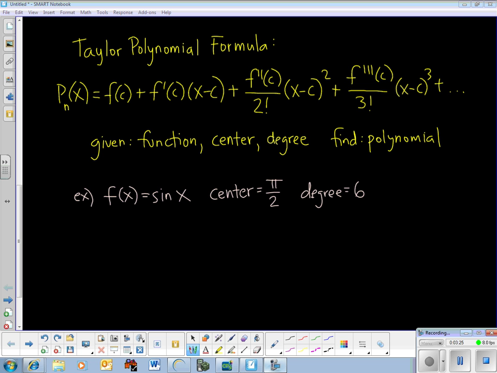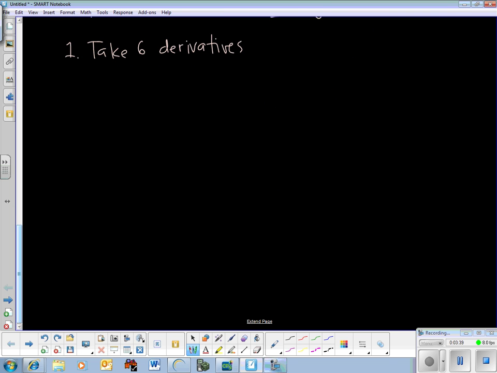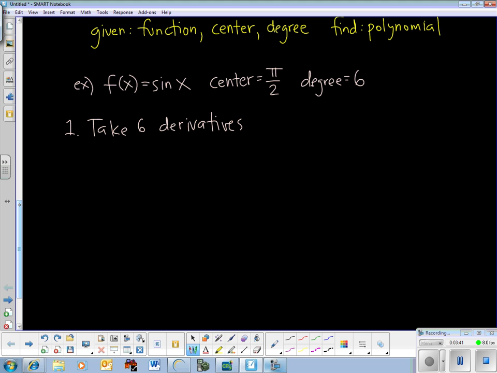All right, so step one. We need to take 6 derivatives. Whatever the degree is in the question, start by taking that many derivatives. And you kind of form a little table, a little chart, but unofficial. You don't need lines and all that. We'll start with our function, and then we'll start taking derivatives.